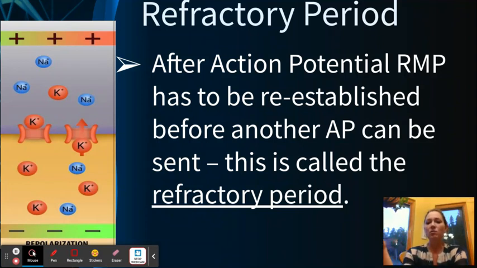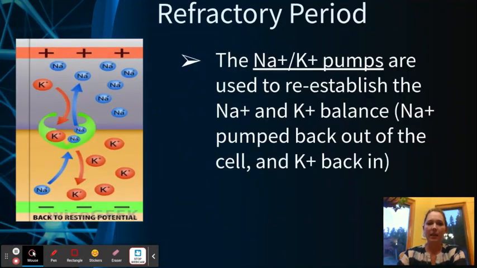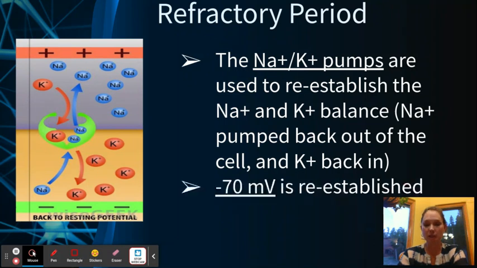That's just to ensure that another action potential can't be set until the entire neuron is back at its resting membrane potential. The sodium potassium pumps are used to reestablish the sodium potassium balance so that we get to the negative 70 millivolts inside of the neuron.